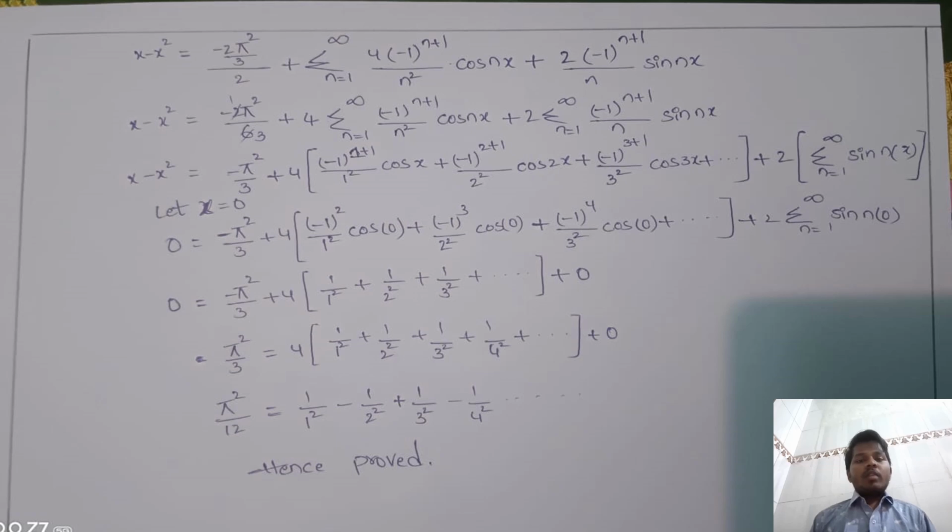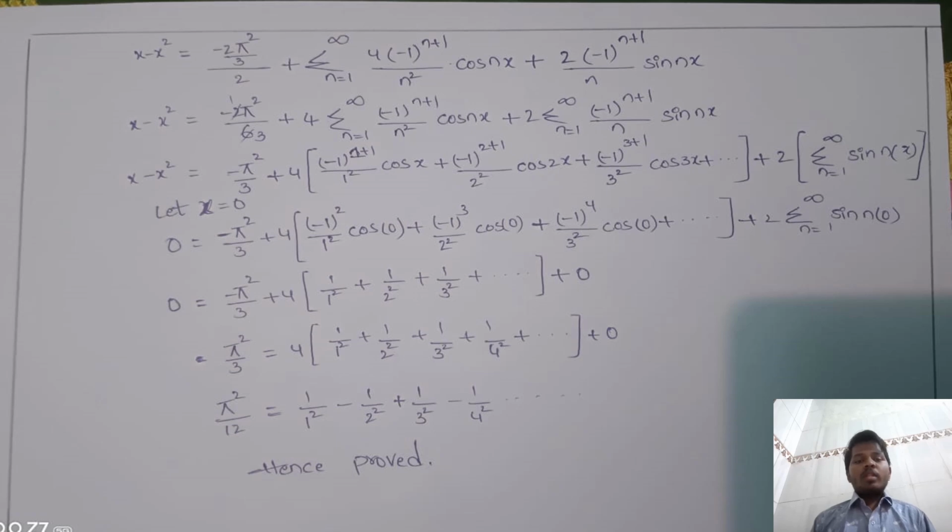So let the value of x be equal to 0. 0 is equal to minus pi square by 3 plus 4 into minus 1 whole square by 1 square into cos 0 plus minus 1 whole cube by 2 square into cos 0 plus minus 1 whole power 4 by 3 square into cos 0 plus and so on, and plus 2 into summation n is equal to 1 to infinity sin n into 0.